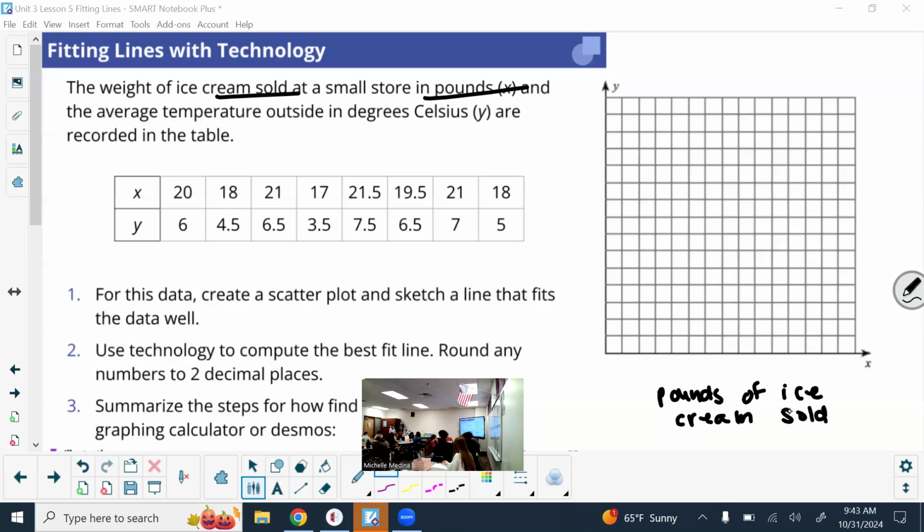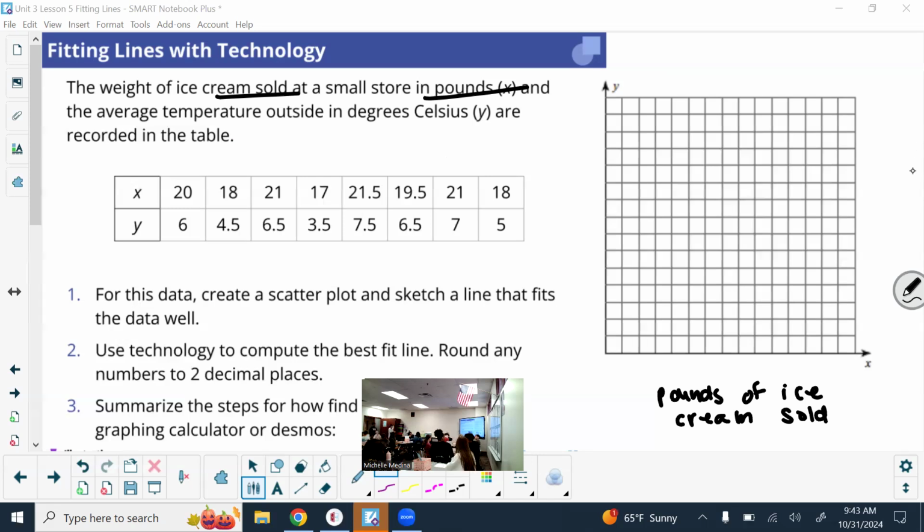And it's our X because they labeled it as X, so we just have to go with what they say. Really, in my opinion, if we're comparing these, I think the temperature is more independent than the pounds of ice cream sold, but that's just not how they labeled it. So we just need to follow how they labeled it. All right. So that is on my x-axis.